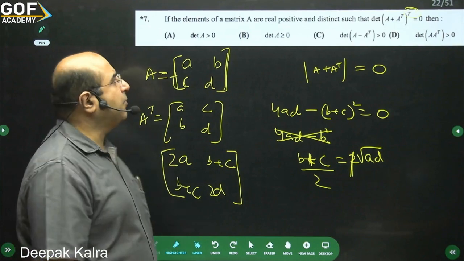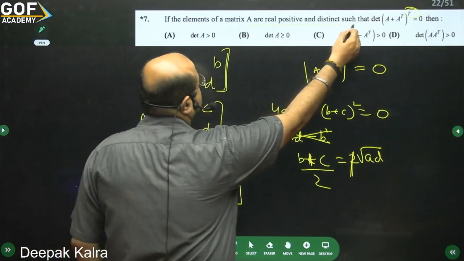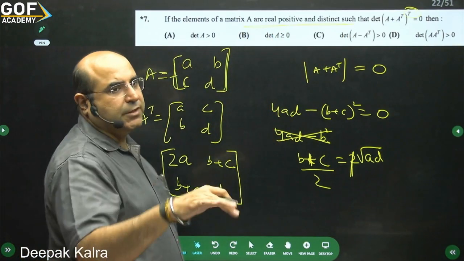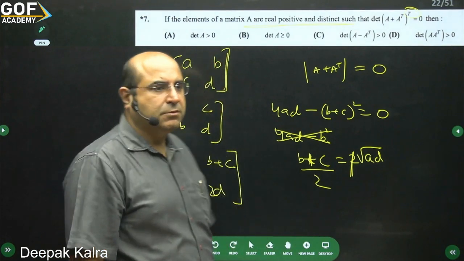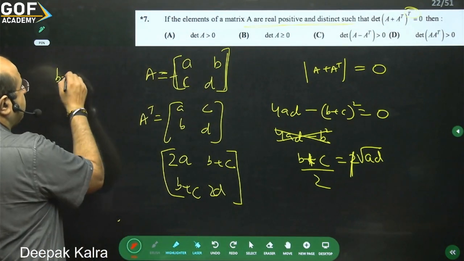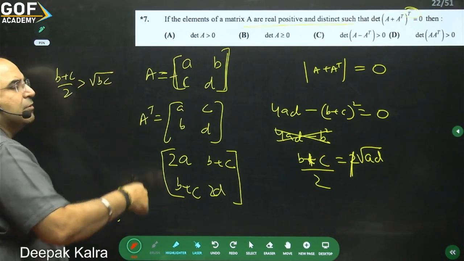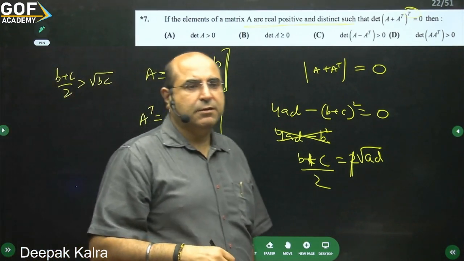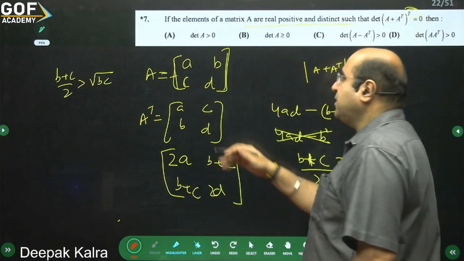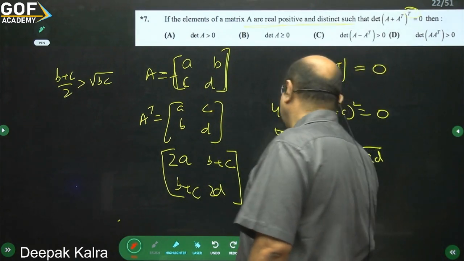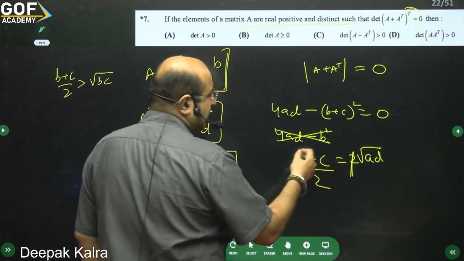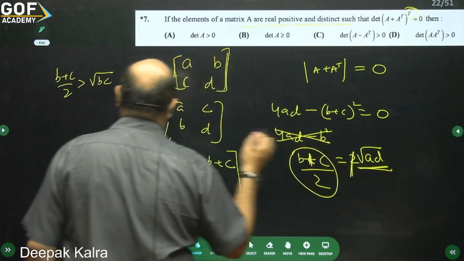Something you can recall from this place: when they are real and positive and distinct, you can apply AM-GM approach. So comes up B plus C over 2 is greater than root BC, not equal to, because they are distinct.